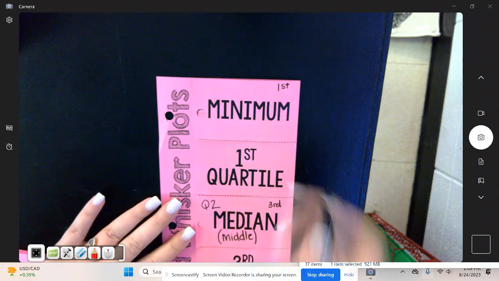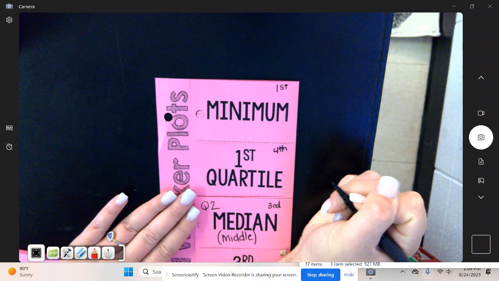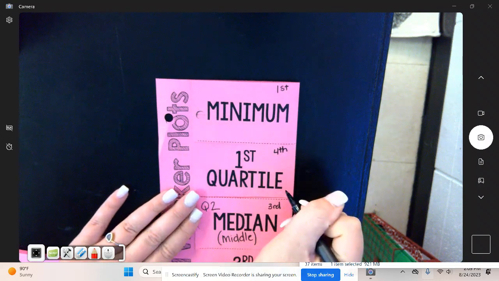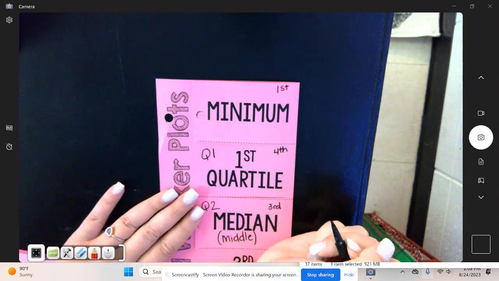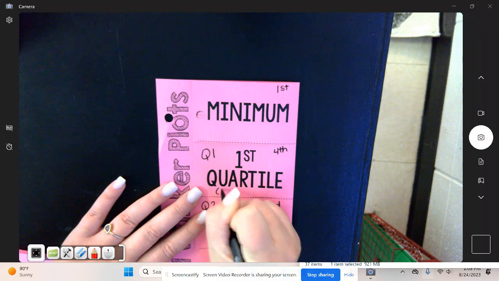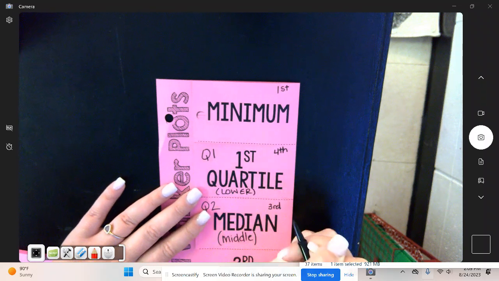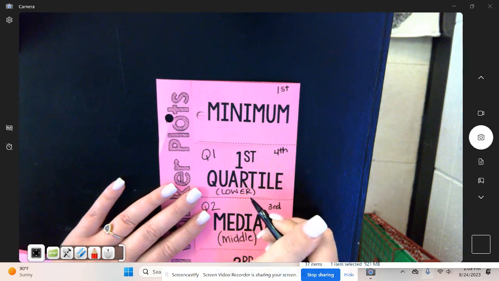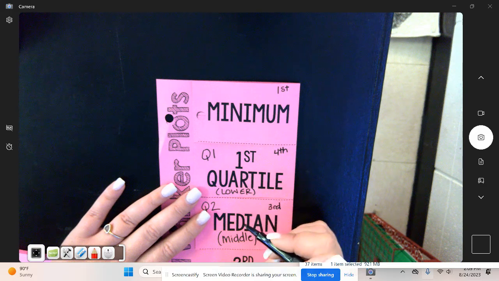All right. The fourth one is what we call the first quartile. But because it's really long to say quartile, we'll call it Q1. Some people also like to call it the lower quartile, especially in IXL, it'll refer to lower instead of first because it's dealing with the lower set of numbers.